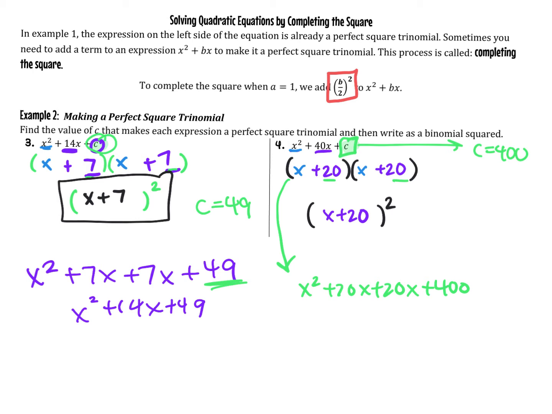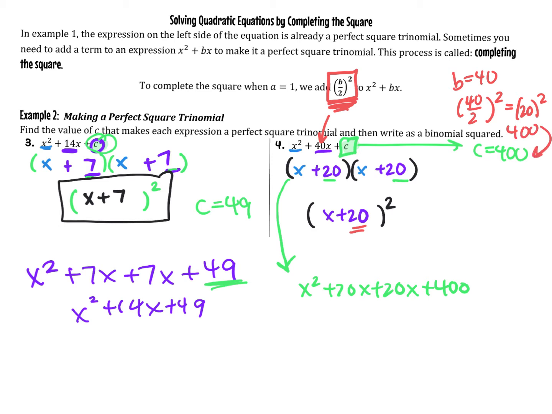Now, I've been showing this with those two sets of parentheses, and that's a great way to approach doing this. Some people really just like to use the shortcut, so they just identify what this b value is. B is 40. What are we going to do? We're going to take half of 40, and then we're going to square it. That's going to give us 20 squared, so that's where our 20 comes in. That's going to give us 400.